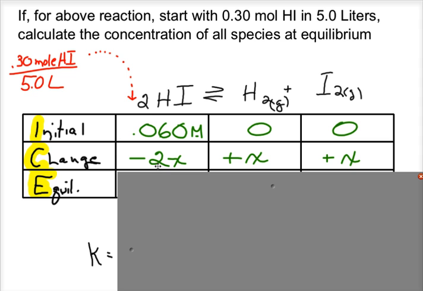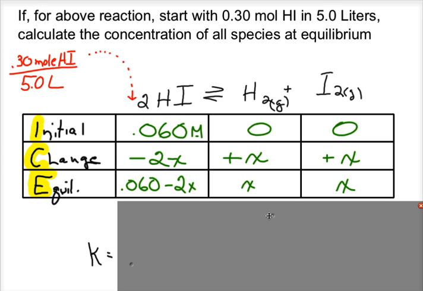Notice the coefficient of 2 in front. Notice the minus sign because HI is being used up. The stoichiometry in this reaction, the coefficients in the balanced equation, help us when we're setting up our X. So for every 2 moles of HI that decompose, we form 1 mole of H2 and 1 mole of I2. That is our X, and that's how we set up our proportion. Now we'll simply do the math and subtract.